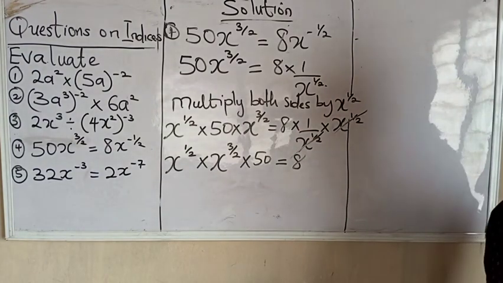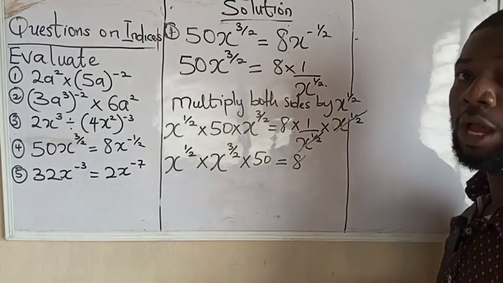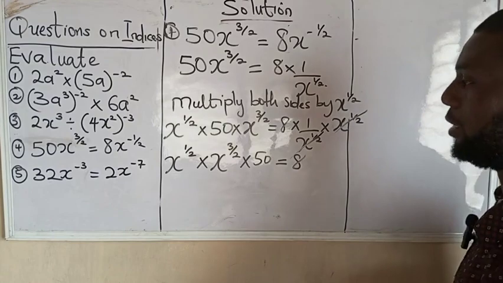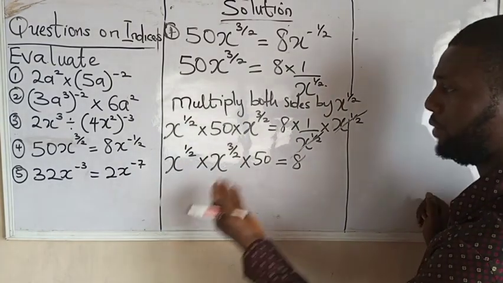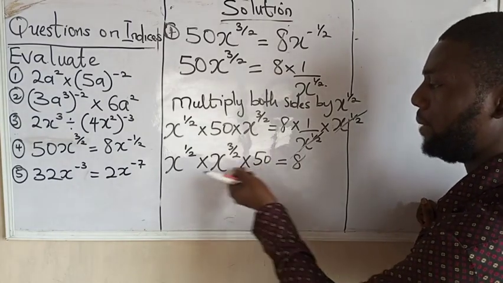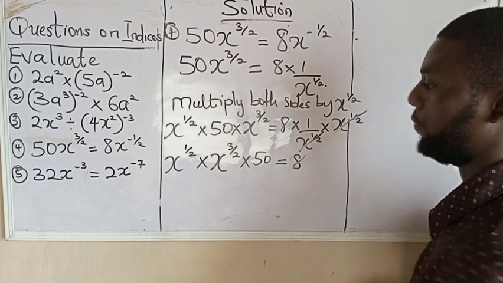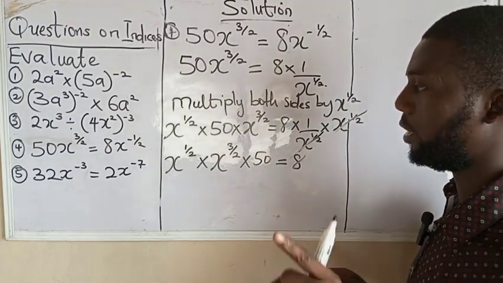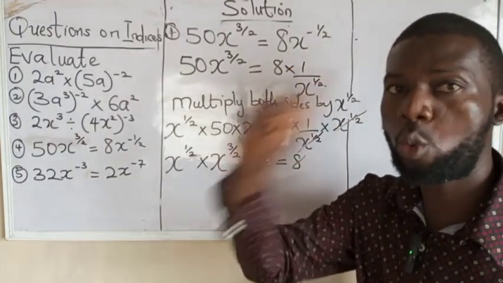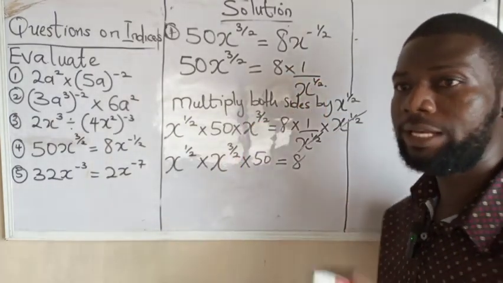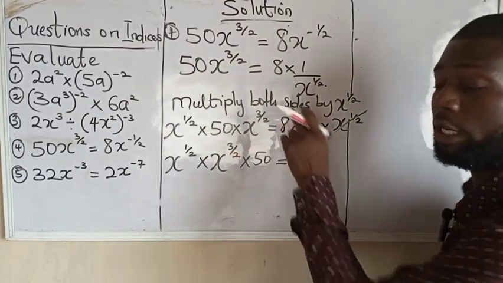Now our next issue is we don't want 50 to be here. We want 50 to fall into our right hand side so that it will be well arranged. So how do we go about this? There's no big deal here than for me to just multiply both sides by 1 over 50. Let me give you a quick note here: the only way we can let this 50 go away from here is by making it equal to 1.